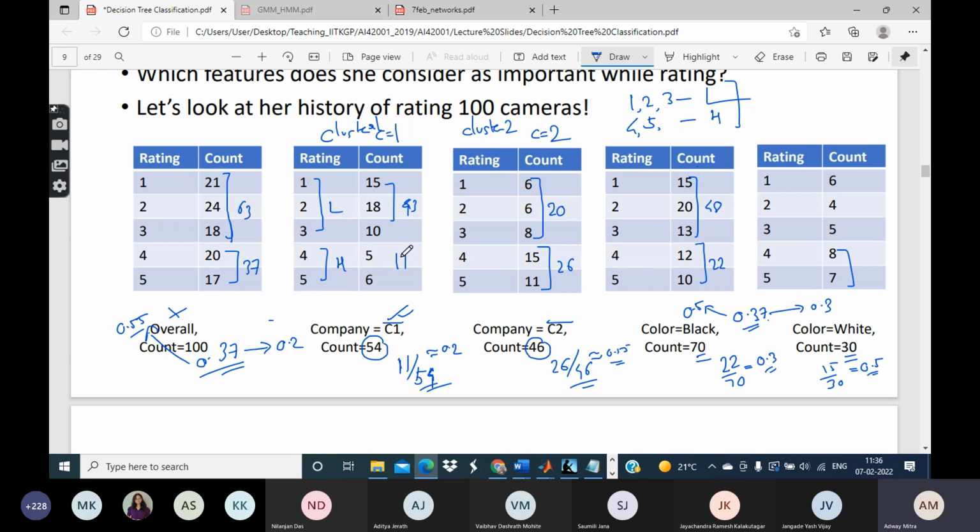So if you compare these two things, one thing becomes clearer, that in both cases it seems there has been a change in her rating behavior, but this change is more prominent for company and less prominent for color. So between these two features, it seems that company is making a bigger difference than color.